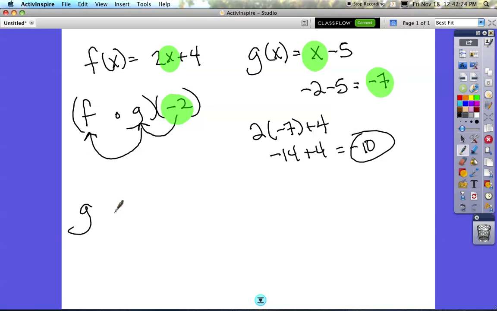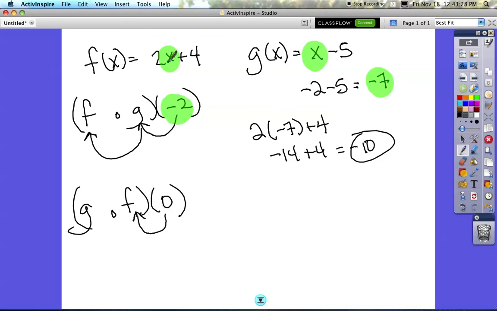Now do for me g of f of 0. Okay, 0 is my x in the what equation first?